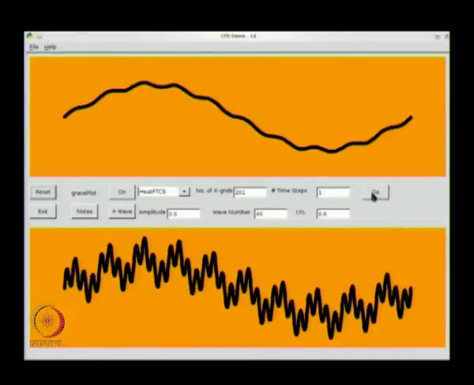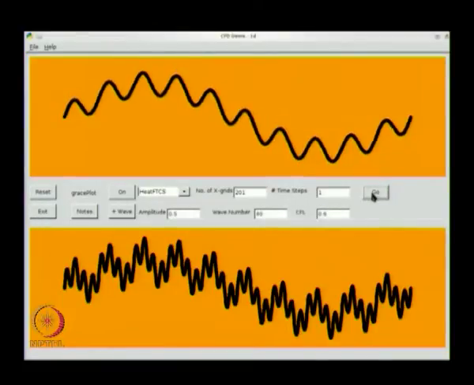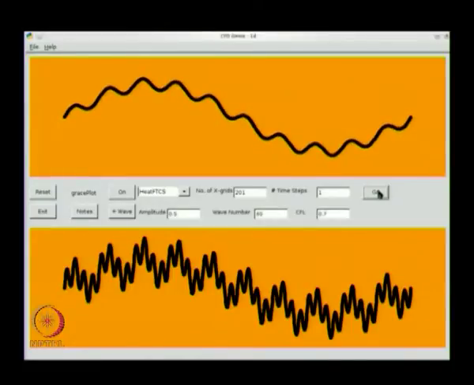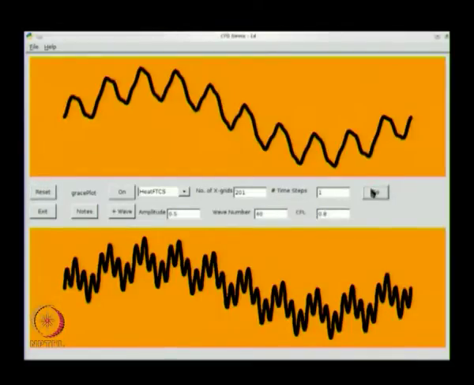Reset, let us try 0.7, reset. So these first few time steps seem to work quite well.